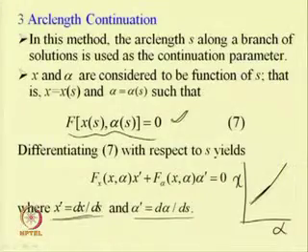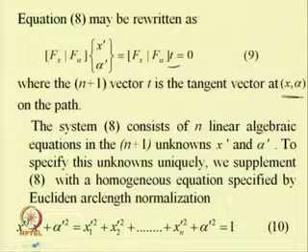So, the system of equation 8 consists of n linear algebraic equations in the n plus 1 unknowns x dash and alpha dash. To specify these unknowns uniquely, we supplement this equation by a homogeneous equation specified by the Euclidean arc length normalization.